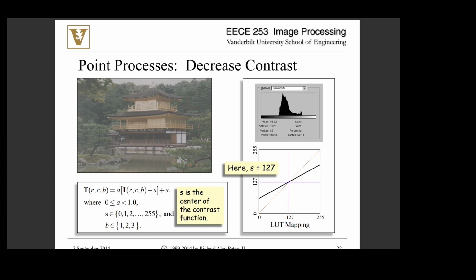All the values between 0 and 255 will be mapped onto a region that is smaller than 0 to 255. So this dynamic range is smaller than the original. We have compressed the gray values in all bands.